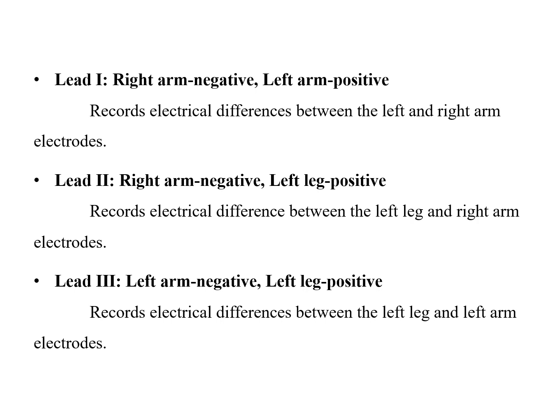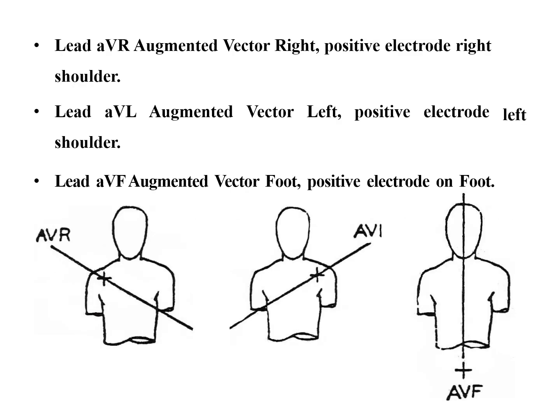Lead 2 is right arm negative, left leg positive, recording the electrical difference between the left leg and right arm electrodes. Lead 3 means left arm negative, left leg positive, recording the electrical difference between the left leg and left arm electrodes.